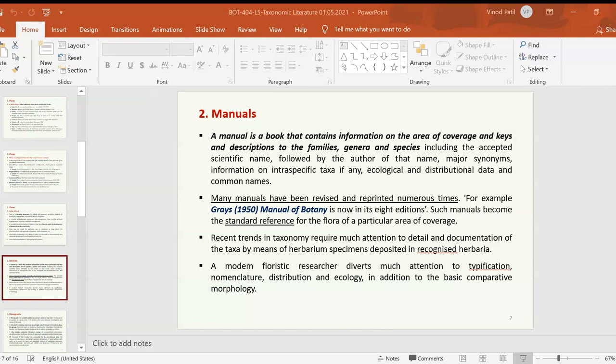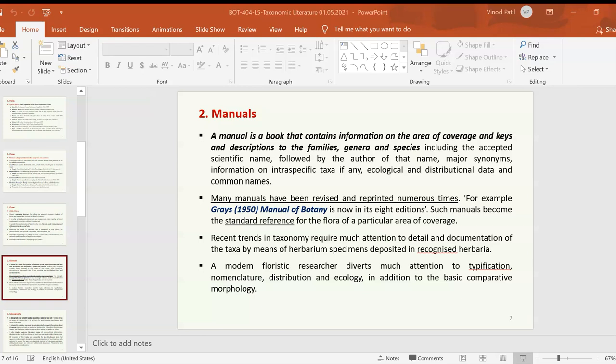So here, this can be taken as the reference material too, and research trends in taxonomy require much attention to detail and documentation of the taxa by means of herbarium specimens deposited in recognized herbaria. So here for the manuals, the herbaria can also be sought for help to deal with this flora in the area.